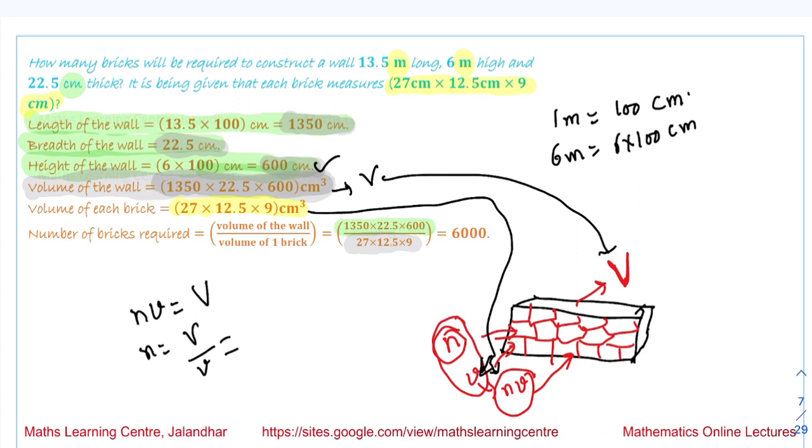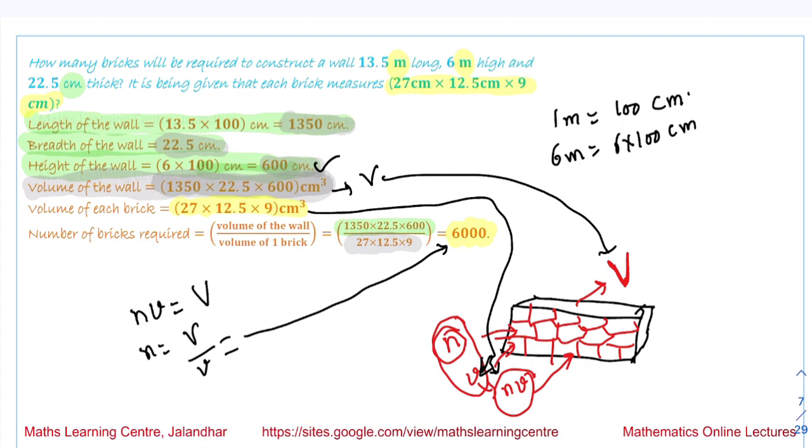When you calculate these values, the final answer is 6000, and this 6000 is the value of n, that is the number of bricks that are required.